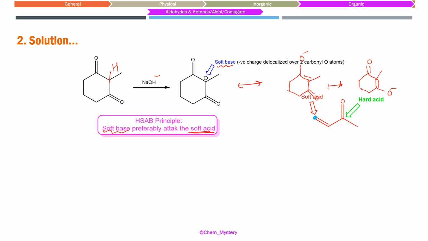Another one is the carbon-oxygen double bond. This carbon is going to have a higher magnitude of delta positive charge because of the polarity of this carbon-oxygen bond, and also there is a pi bond present. So the greater magnitude of charge classifies this particular carbon as the hard acid. And as we understand in the HSAB principle, this is a soft acid, and the soft base generated over here will preferably attack the soft acid itself. So attack onto this particular carbon is going to be preferred.